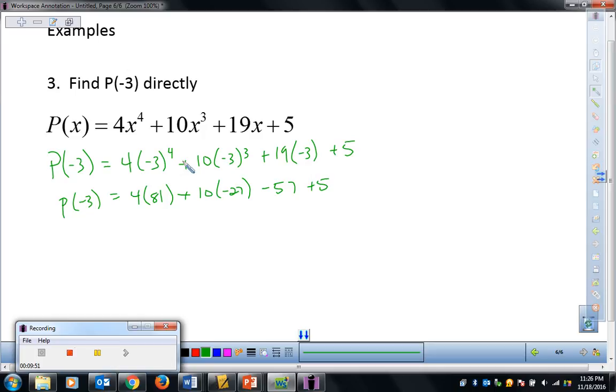Going back one more time, 4 times 81 equals 324, minus 270, minus 57, plus 5.